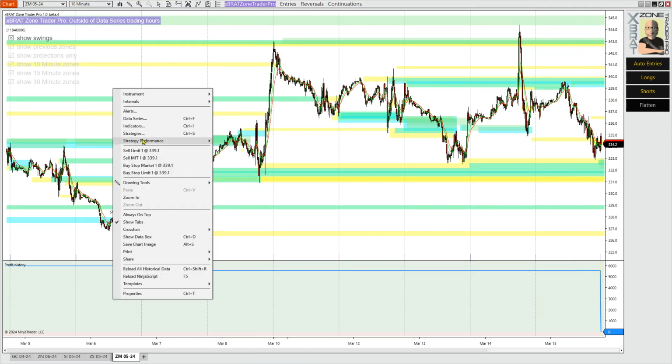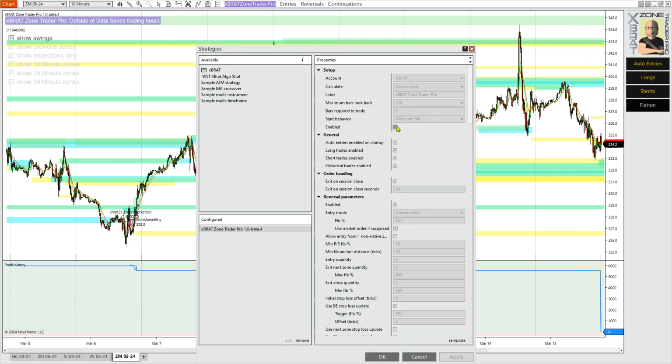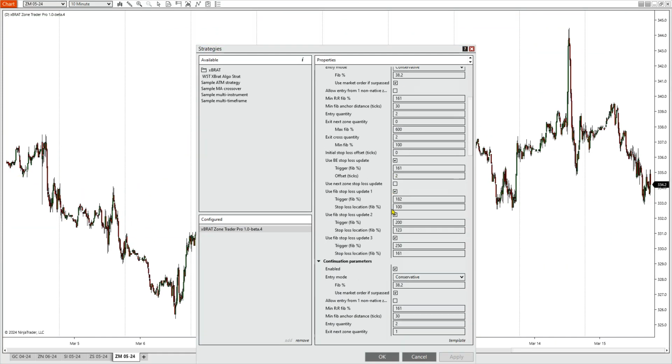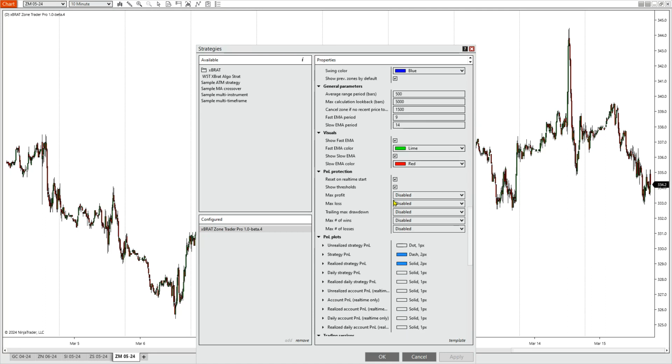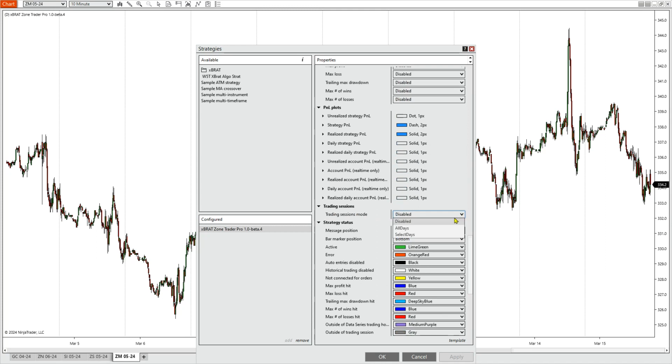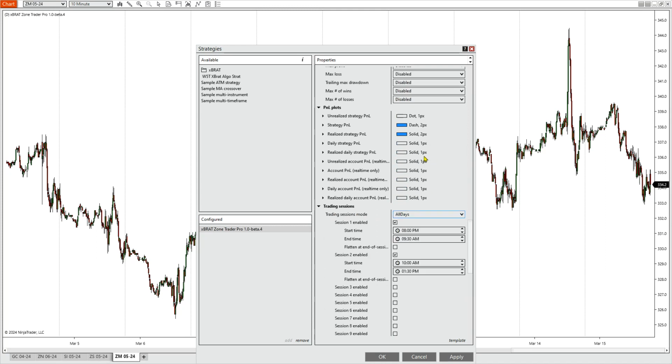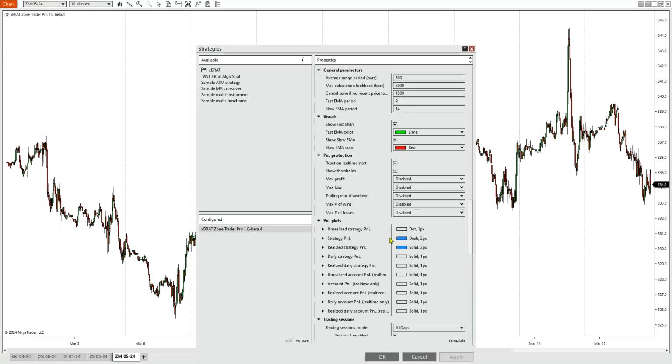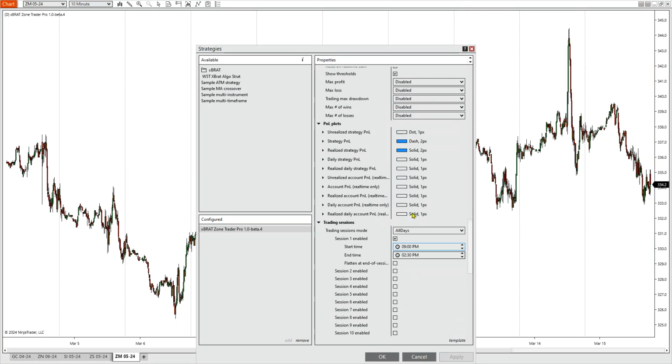So in the strategy, I am going to scroll down, where it says trading sessions mode, select all days, and we said 9 a.m. to 2 p.m. Get rid of that. So that's the only time I want it to trade, really. It's the only time it's really active. This is EST. That's wrong, so let's just do that.